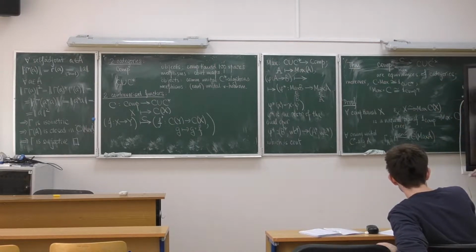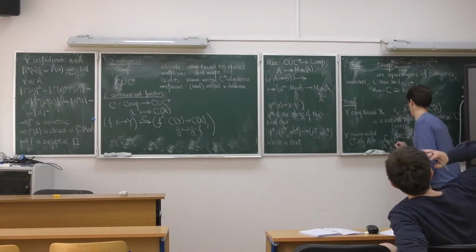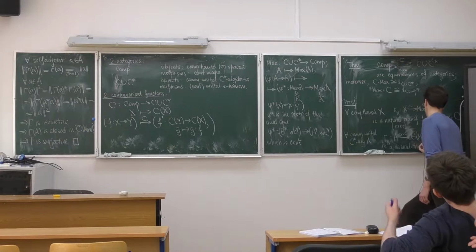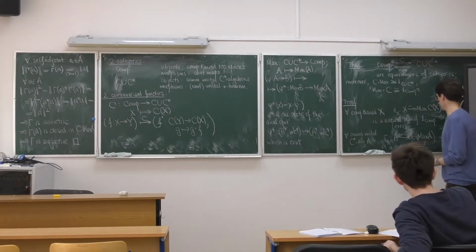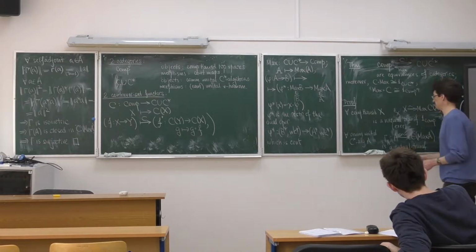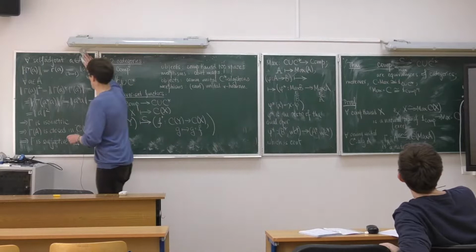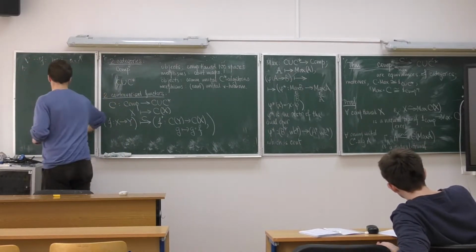And again, it's easy to see that this is a natural transformation from the identity functor on the category of commutative unital C-star algebras to C composed with max.